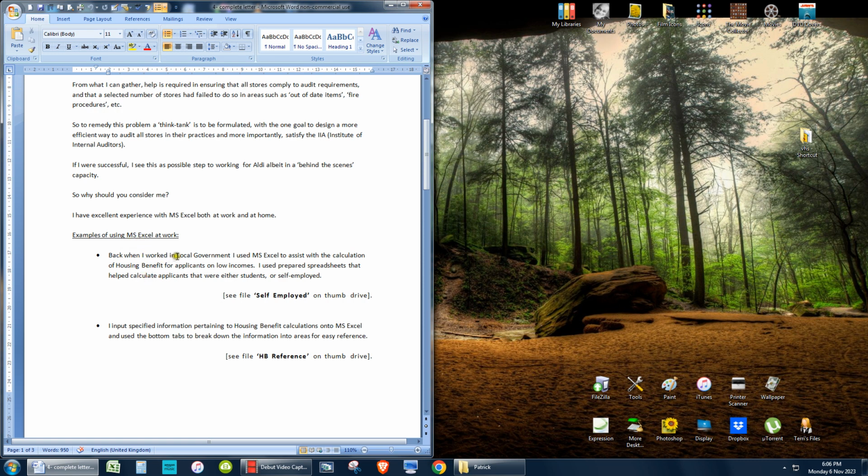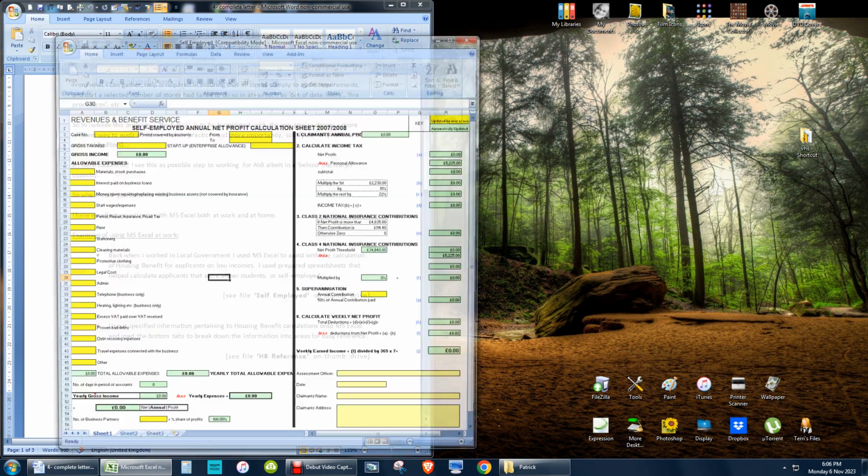Back when I worked in local government, I used Microsoft Excel to assist with the calculation of housing benefit for applicants on low incomes. I used prepared spreadsheets that helped calculate applicants that were either students or self-employed. See file self-employed on thumb drive, and that file looks like this.